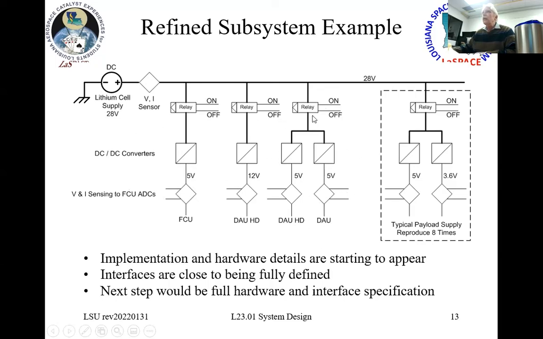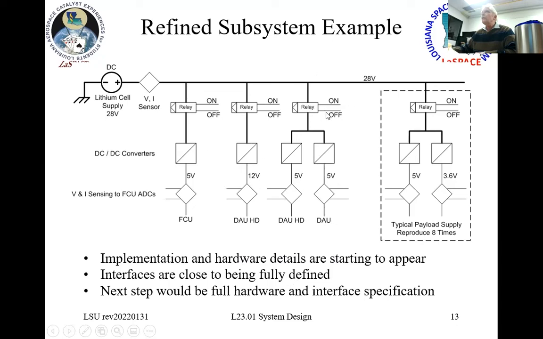Now notice here, this is an interesting one. In a previous design we had the DAU hard drive. That's what HD stands for in this case. There was a box which had 12 volts and 5 volts coming out. Now, what we've got here is that we decided in our design that we're going to group the 5 volt together for the DAU and have a separate 12 volt.